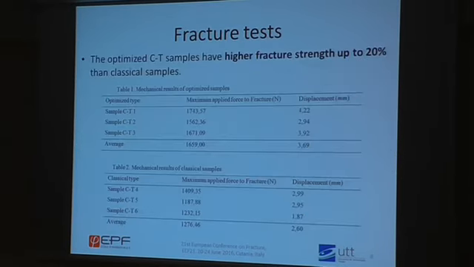So we can observe its evaluation, the optimized CT samples have higher fracture strength up to 20% than classical samples. It's analyzed with two average of optimized sample and classical samples.